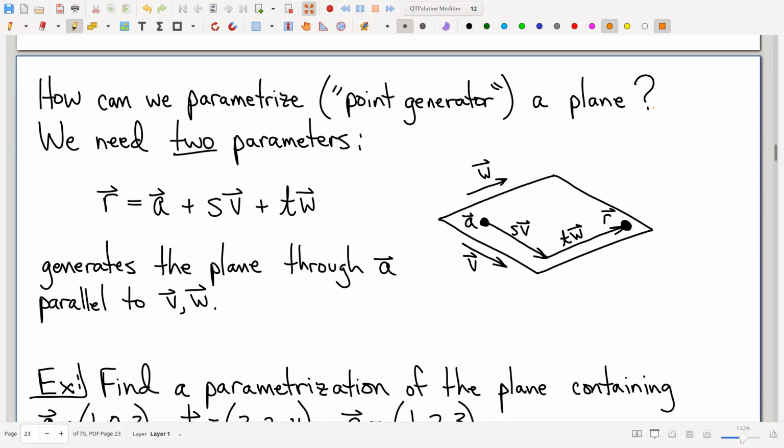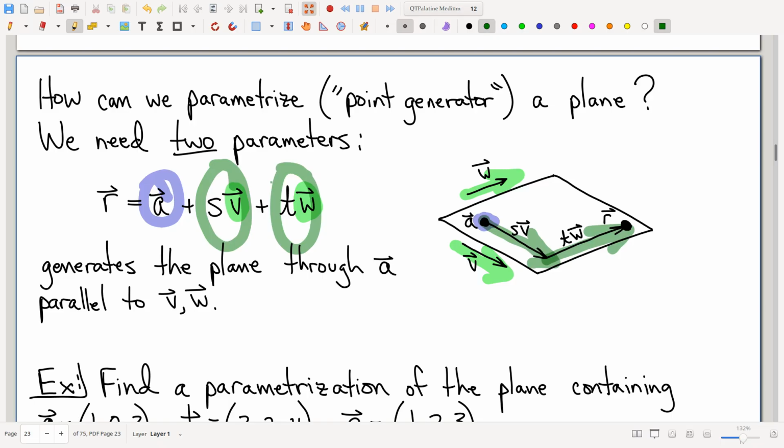And this is a construction y'all have already played with. You're probably having flashbacks already to that exercise from section 1.2, 1.1, somewhere along in there. And look, if you've got a point A in the plane, and if you have a couple of direction vectors parallel to the plane, V and W, hopefully no surprise, multiples of V and W, when you add to the point A in the plane, will give you another vector in the plane.